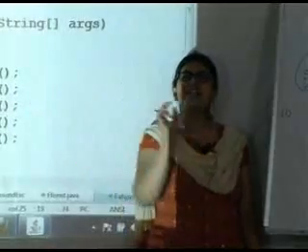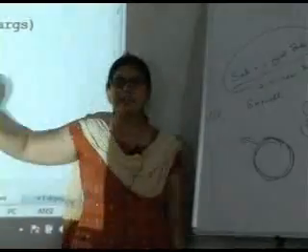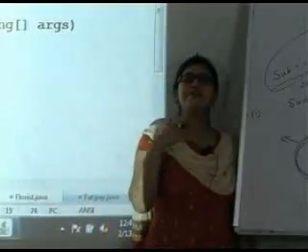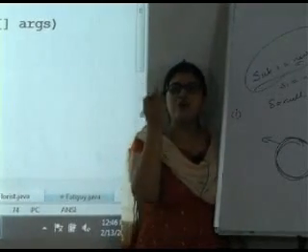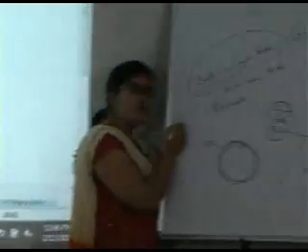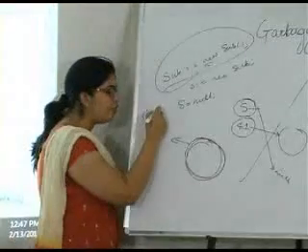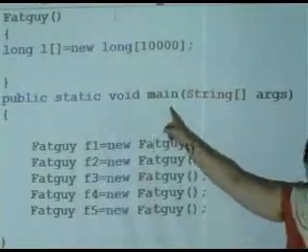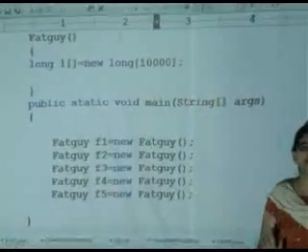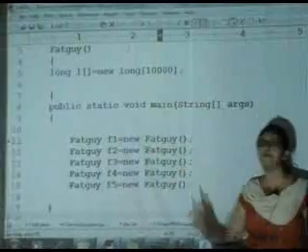If you are creating an object in a method, and when that method finishes its execution, all the local variables are going to die. Who's the reference variable over here? f1. Is it local to main method? Yes, it is local to main method because it is declared inside my main.